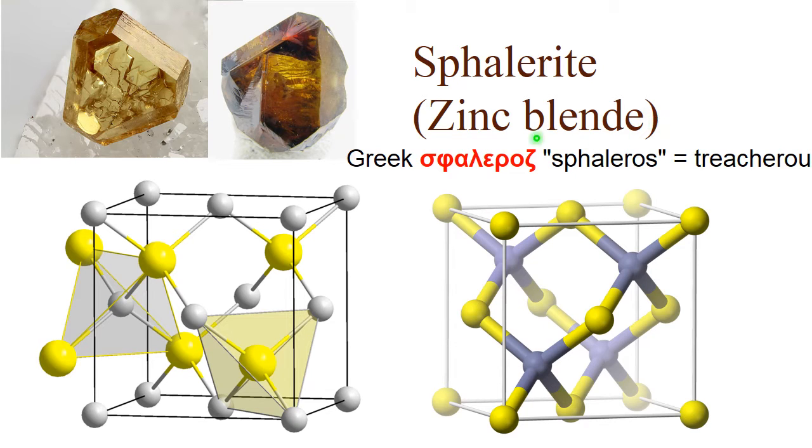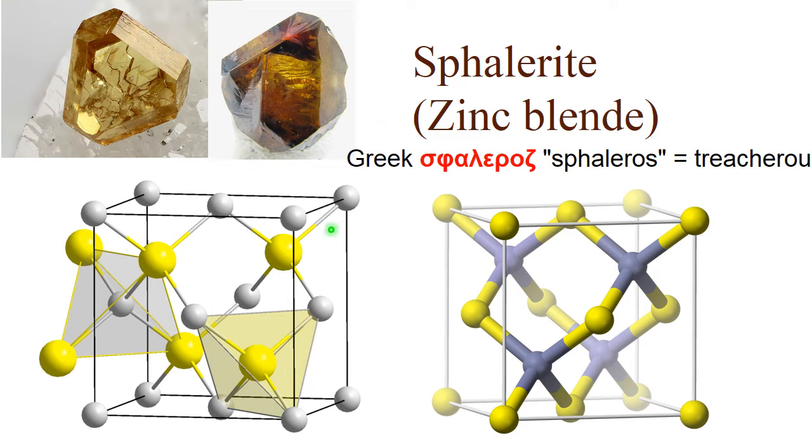Blende, Old English and in German, means mistake. So addition of zinc sulfide by medieval, not ancient, metallurgists resulted in wrong outcome, wrong melt. So these additions were named blends. There are plenty of such minerals that historically have been named blends. So that's why zinc blende structure.